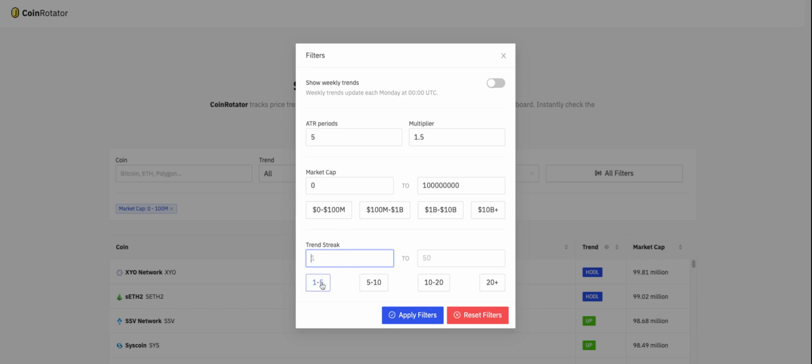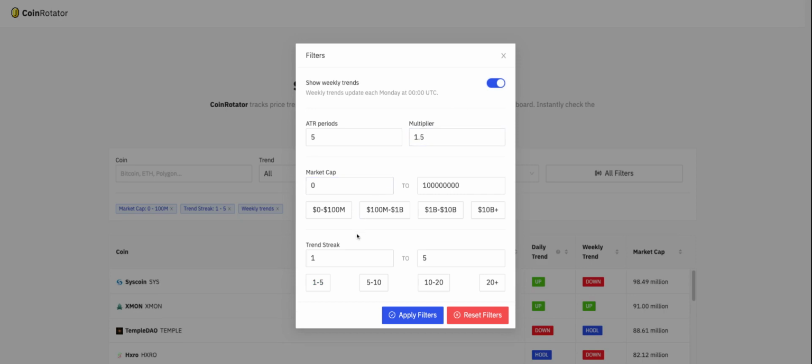So if you're looking for the freshest uptrends, you would click trend streak 1 to 5. Now, in the current version of Coinrotator, 1 to 5 simply refers to 1 to 5 days. We also have a weekly screener, but in that case, you would need to select this in order for that to show up.